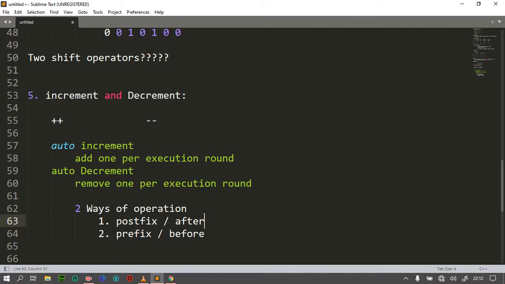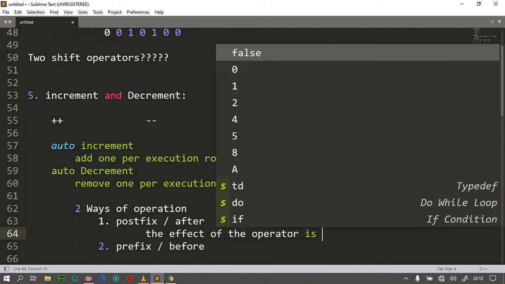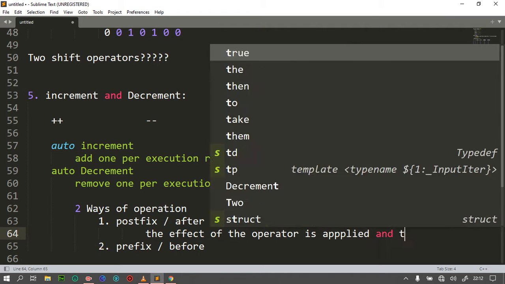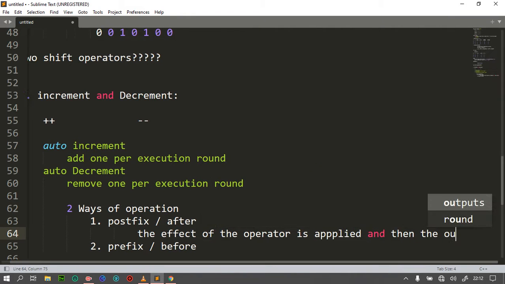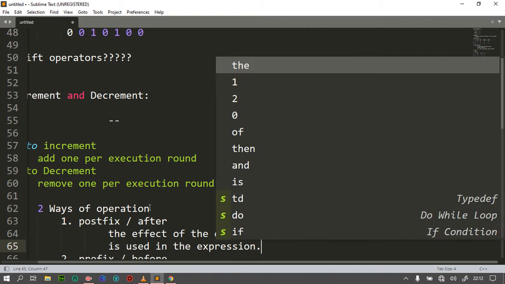If you use it in a postfix way, the effect of the operator is applied, if it was evaluation or execution, whatever the case may be, and then the outcome is used in the expression. Are we clear?